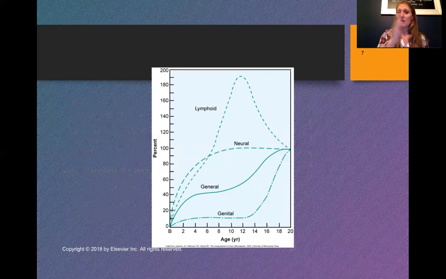It does, again, fall off, as you can see from that curve, but it's interesting to me that it peaks at that time of adolescence, where kids are really starting to venture out from their homes and go out into the world a little bit more. The other systems have somewhat of a general curve to them. You can see the genital curve is somewhat flat until puberty and then just skyrockets, which probably explains a lot of the emotional distress that we experience from those lovely adolescents.